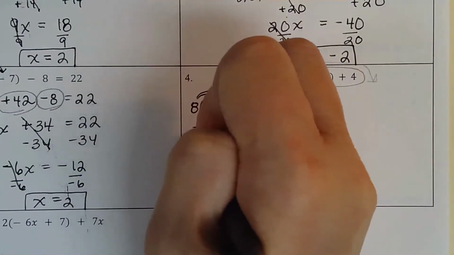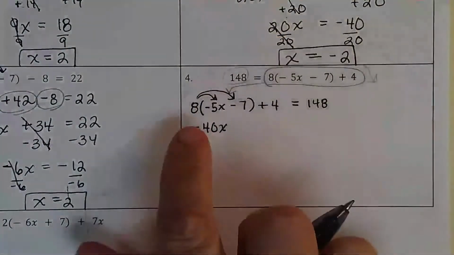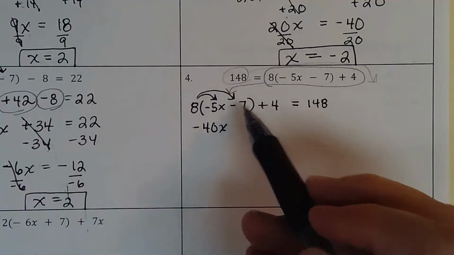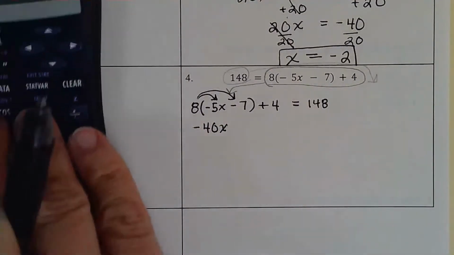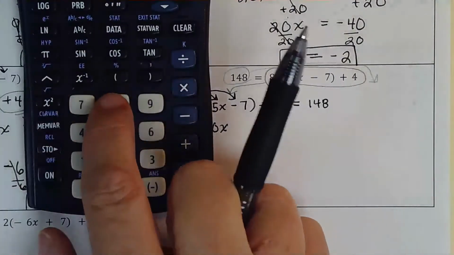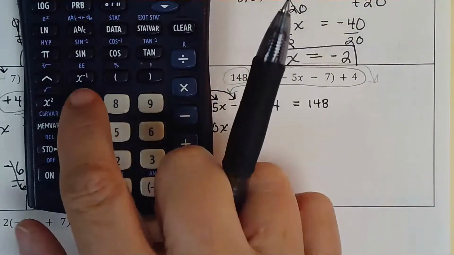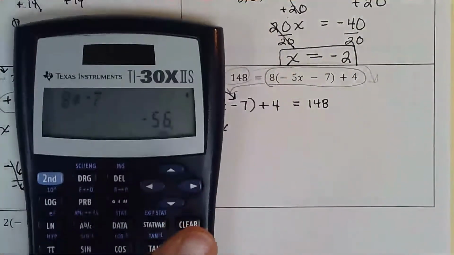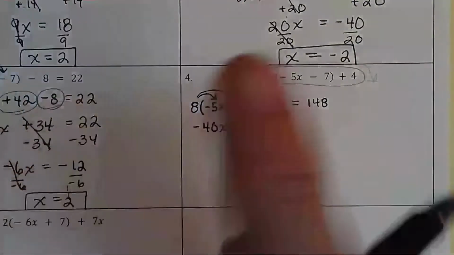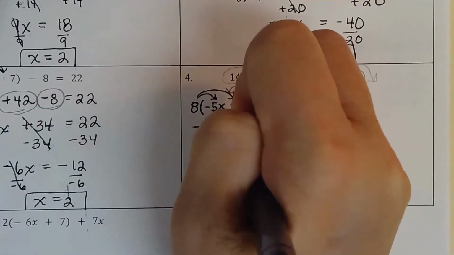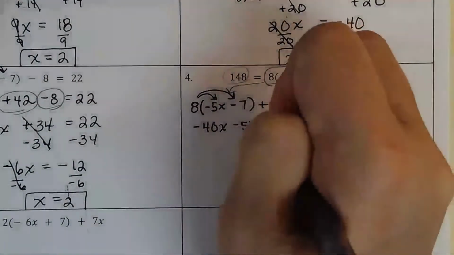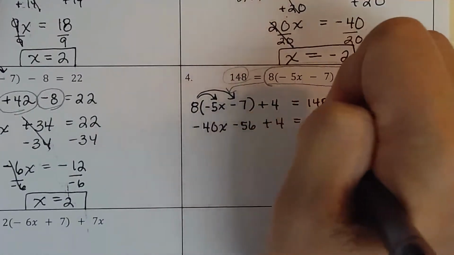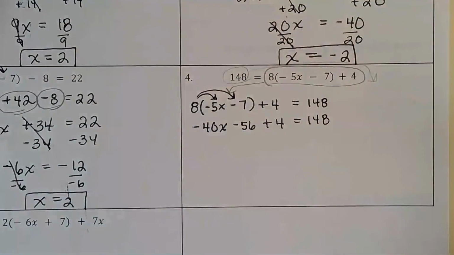So negative 40x, 8 times negative 7. 8 times negative 7 is negative 56. I didn't do anything with plus 4, anything with the equals 148.